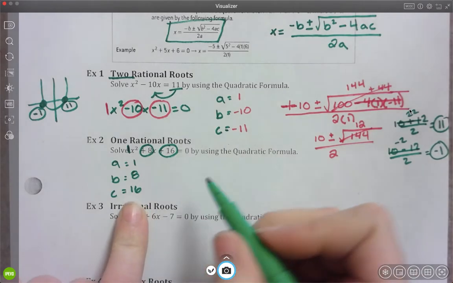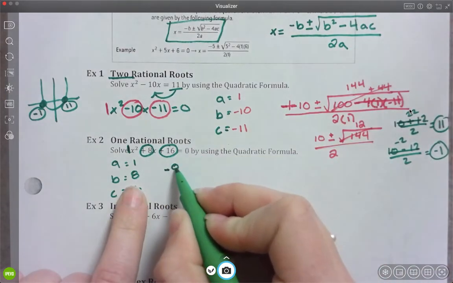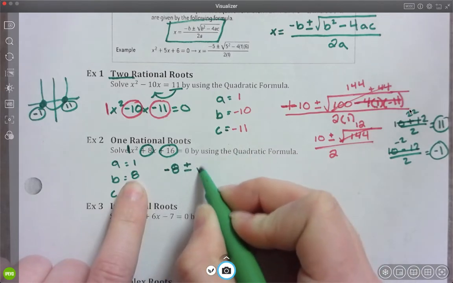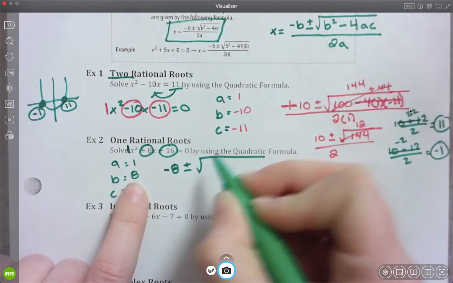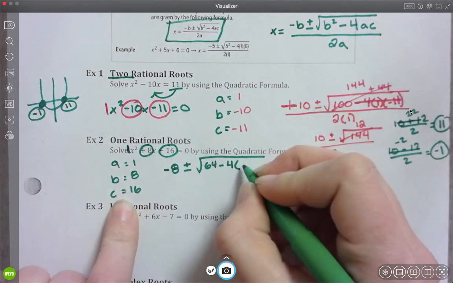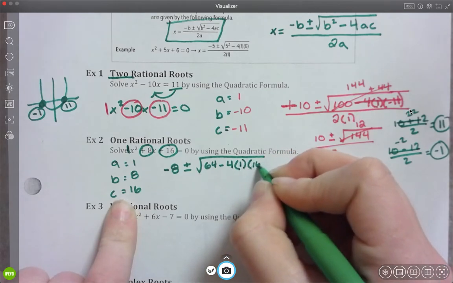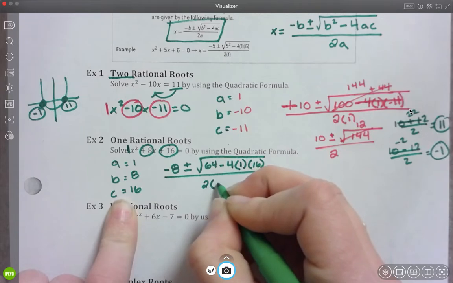Okay, so we start with negative B. Negative B, negative 8, plus and minus the square root of B squared. That would be 8 squared, which is 64, minus 4 times A is 1, times C is 16, all over 2 times A, which is 1.